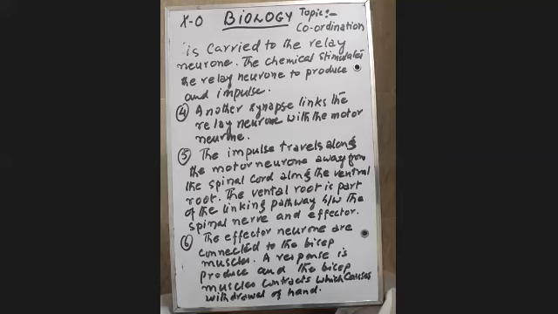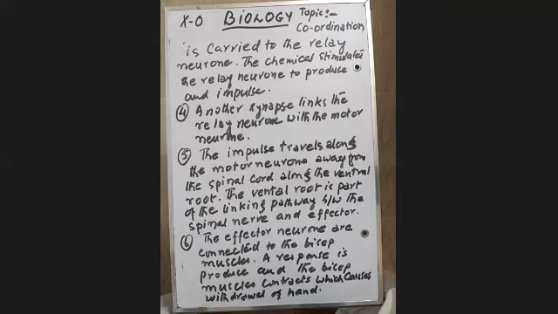Reflex action is an involuntary action. I gave you examples: coughing, sneezing, blinking of the eyes. A question might come in the exam, and they give a figure or a photograph showing that the hand is touching a hot object.